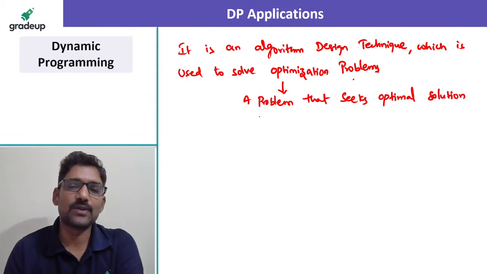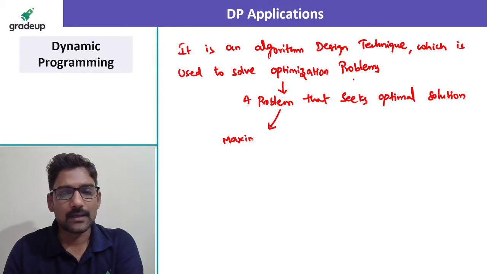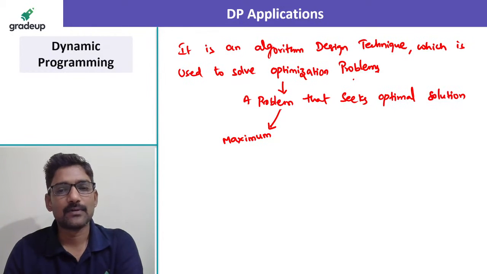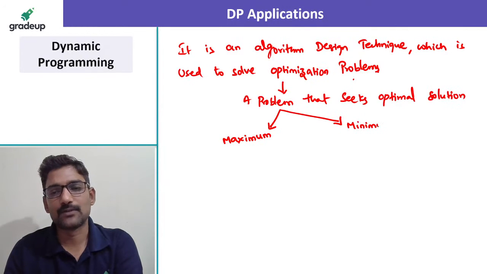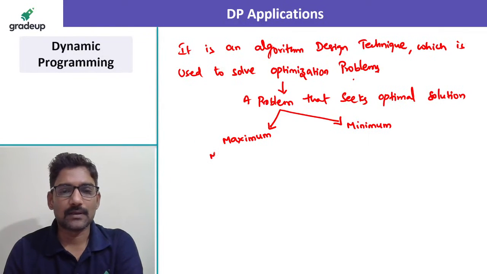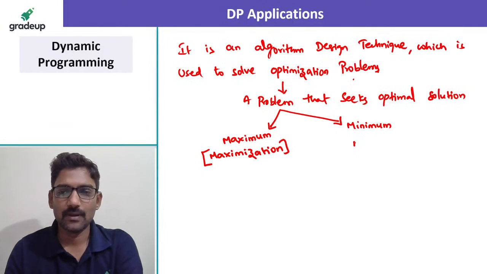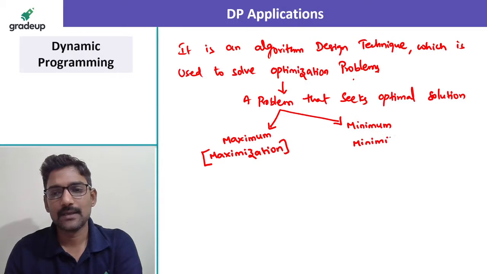Optimal solution means what, sir? It can be the maximum of the available solutions or the minimum of the available solutions. If we are seeking the maximum of the available solutions, that is a maximization problem, otherwise a minimization problem.